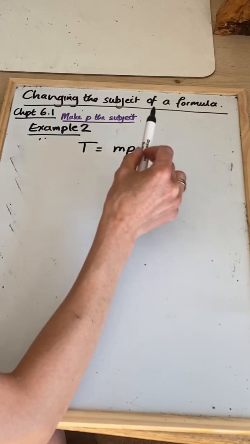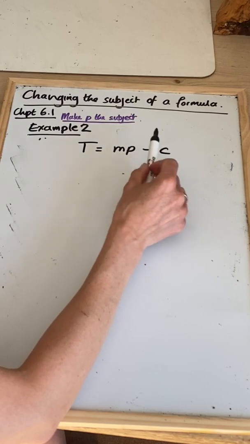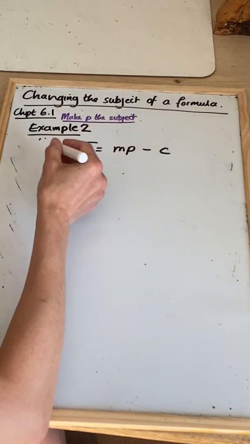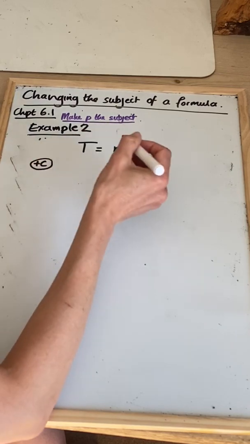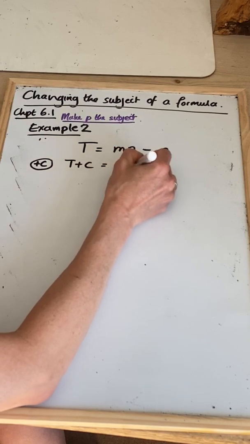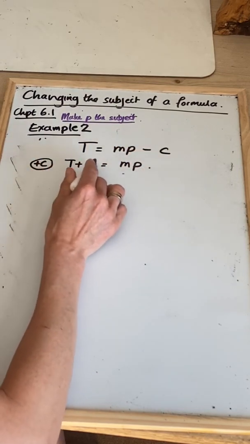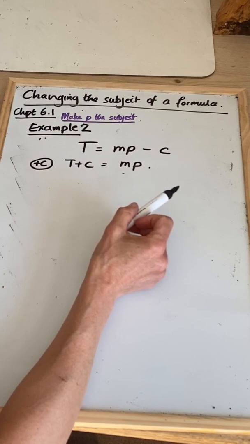We're going to do that in reverse order, reversing the operations. So instead of a minus c, the last thing that happened, we're going to add a c. T plus c equals mp. I've added c to both sides of this formula.